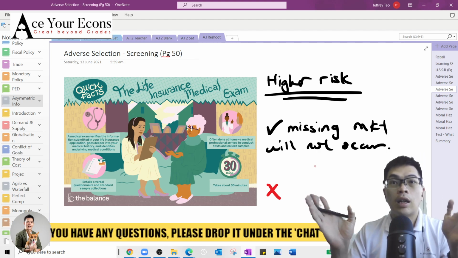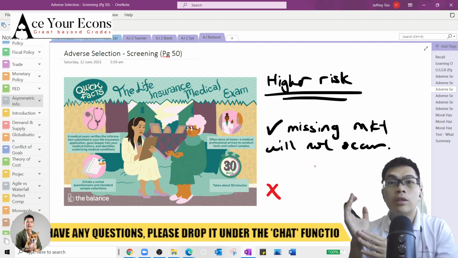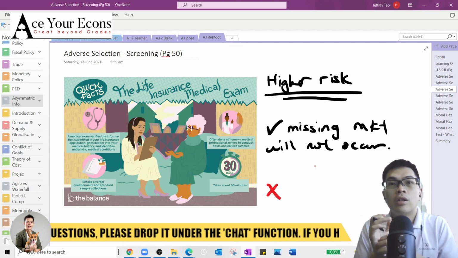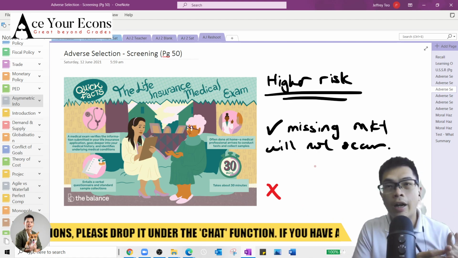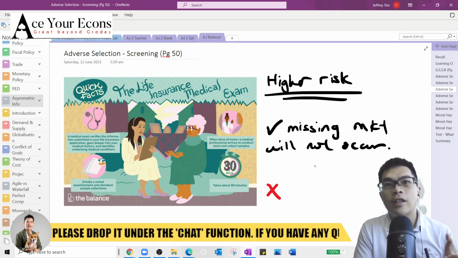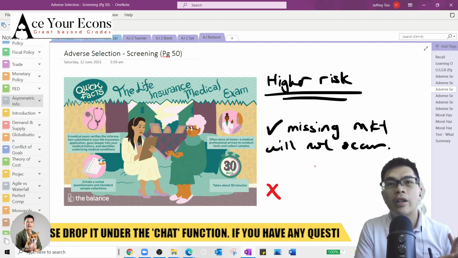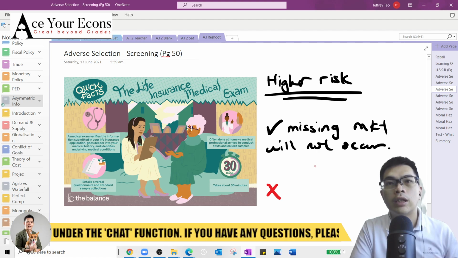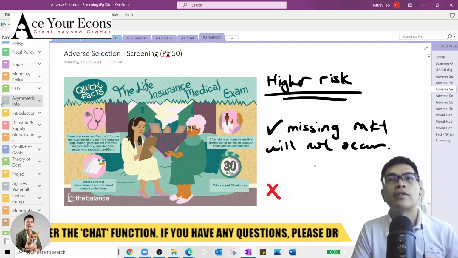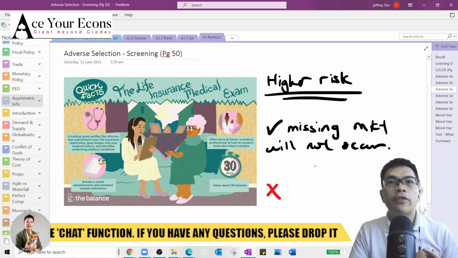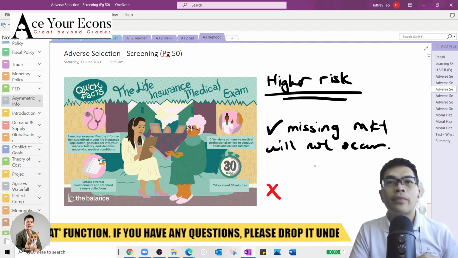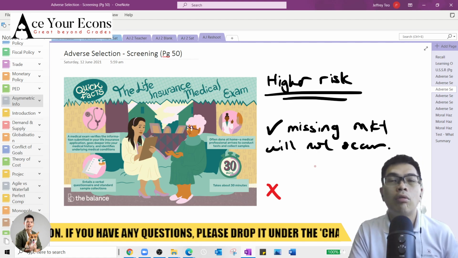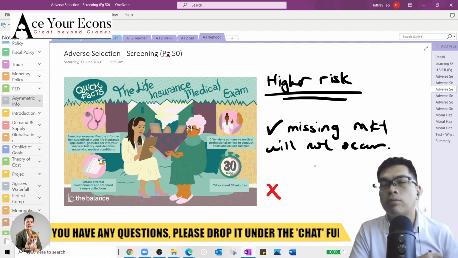This is because of adverse selection; I don't know your health quality or health attributes. So the health report comes out that you have high blood cholesterol, you are a chain smoker, you are a regular alcohol consumer, your health quality is really, really bad. If I'm an insurer and I put you into the insurance pool, I'm definitely going to lose money, no matter how much insurance premium I collect from you.